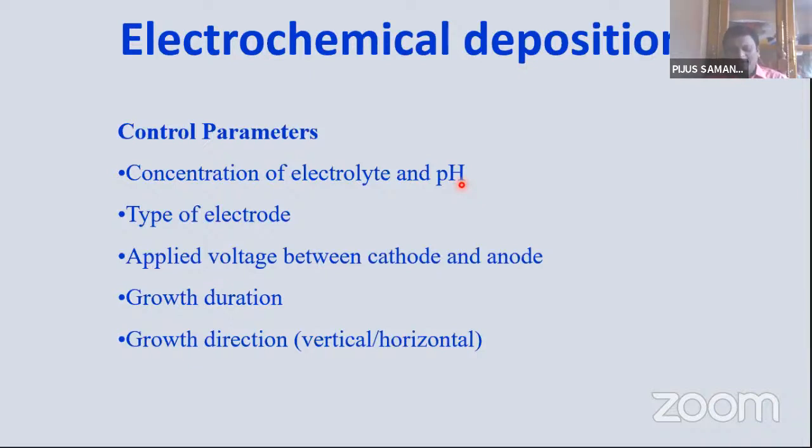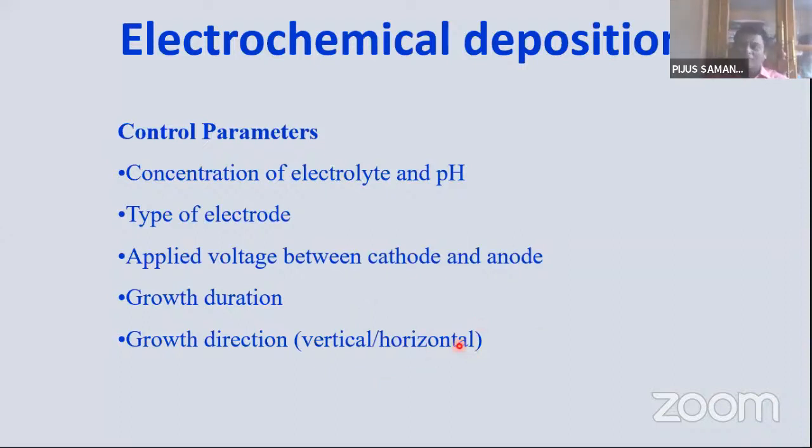Suppose if we use the glass substrate, glass is amorphous, whereas if we use silicon, this is crystalline. So depending on the crystal lattice parameters, there is a lattice mismatch at the interface that will affect the growth of the nanostructure. So the type of electrode is also very important in this case, and obviously applied voltage, growth duration, and growth direction is another important issue.